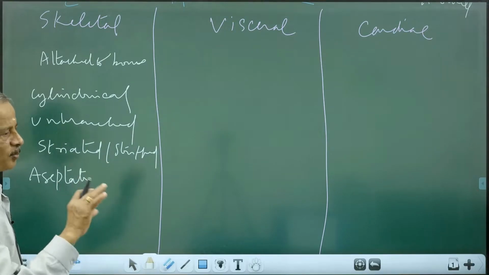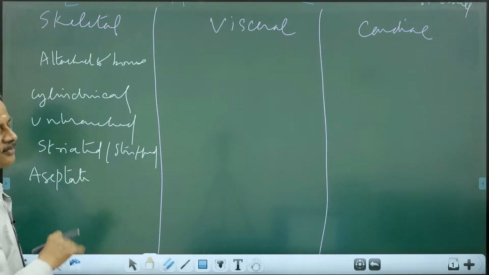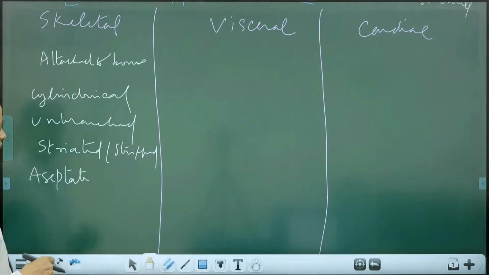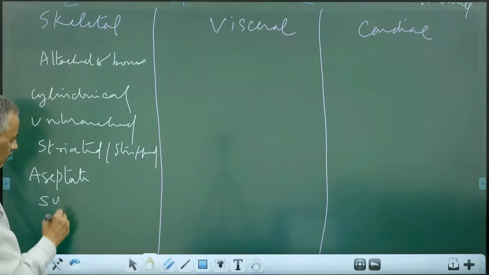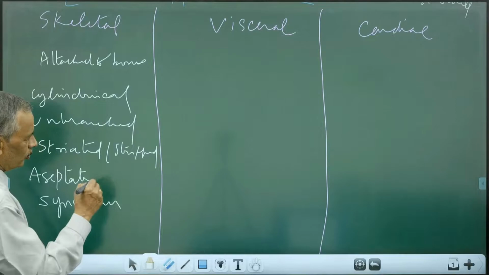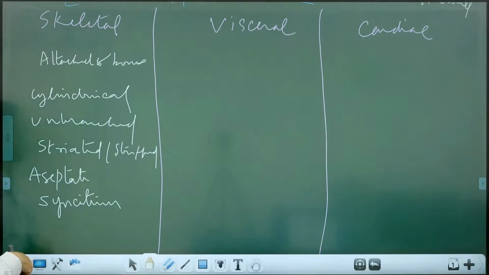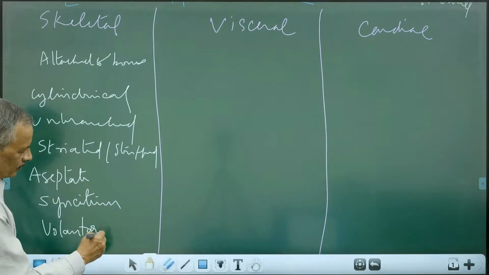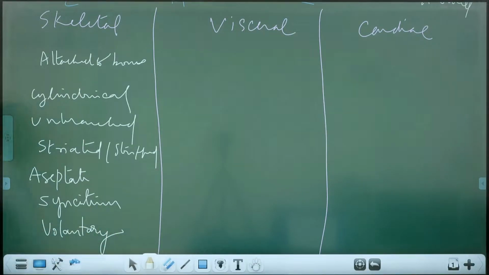So their cytoplasm is a continuous mass, and their cytoplasm will be having numerous nuclei floating in it. Such a condition is called syncytium or multinucleated condition. These muscles are voluntary, meaning they are under our will.